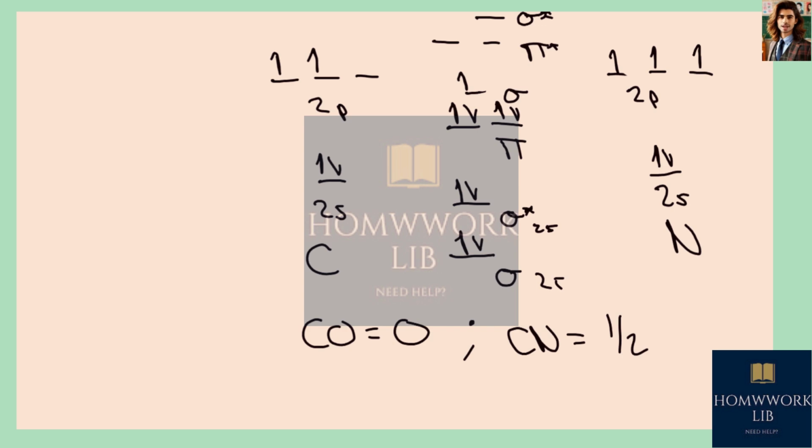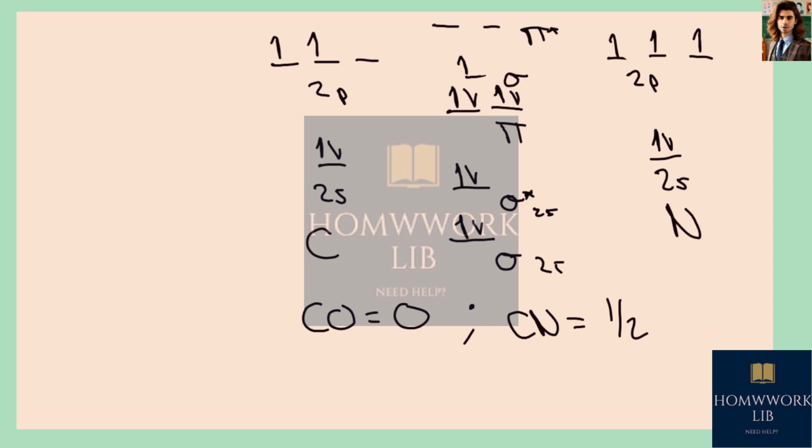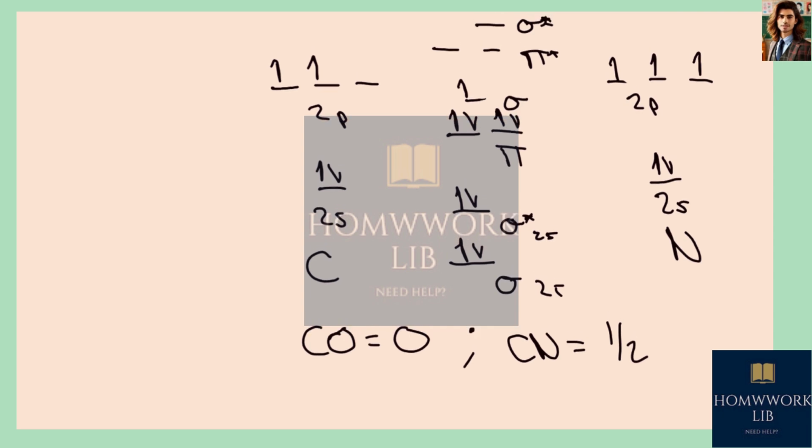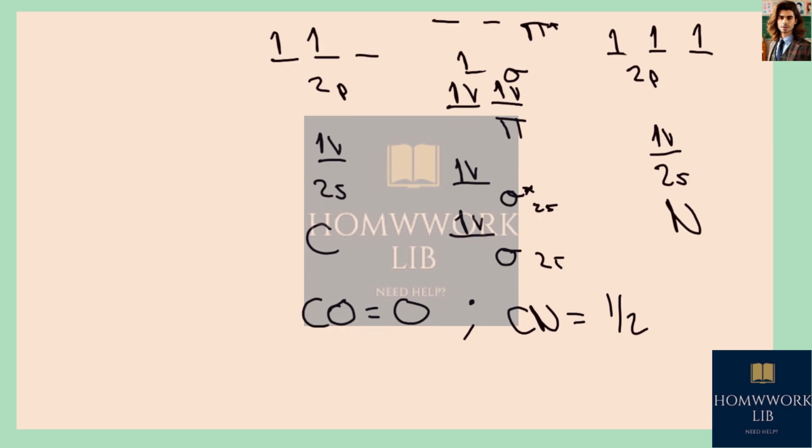That's why CN minus is going to be more stable because it's going to be completely filled, and CN minus is usually going to have 0 as total spin, right? And the final one that we need to do is CH4, which is going to have also 0 unpaired electrons.